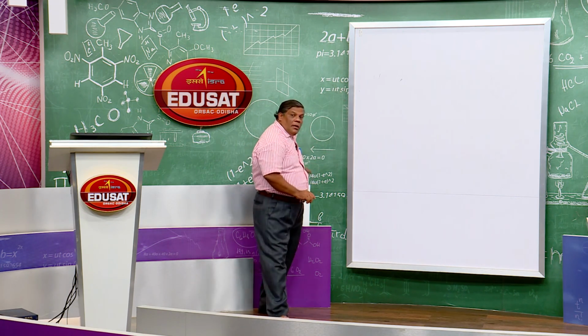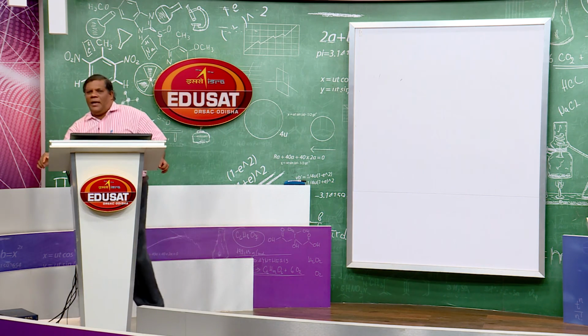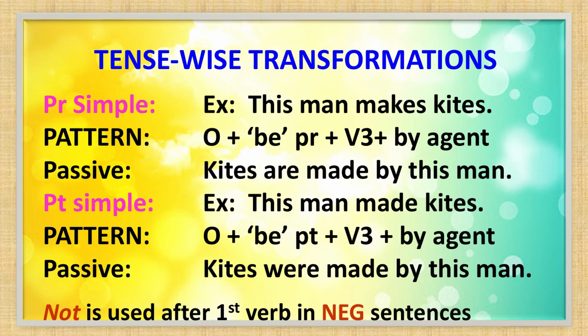We require a subject, an object, and a verb. The sentence should be in the SVO form, that is subject, verb, then object form. The verb must be a transitive one, it should carry an object.